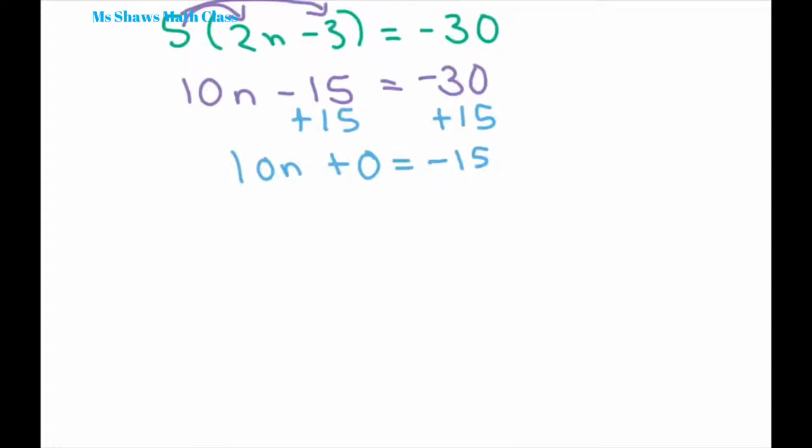And then we're going to use our 0 property of addition to get rid of that 0. Divide both sides by 10, use your division property, so you're going to get n equals negative 15 over 10.